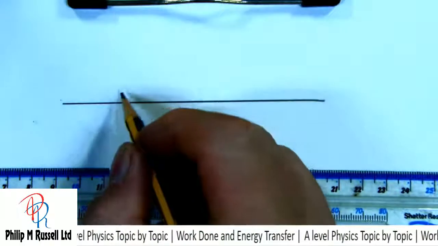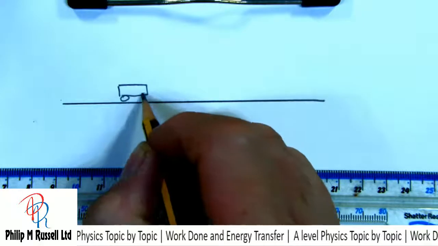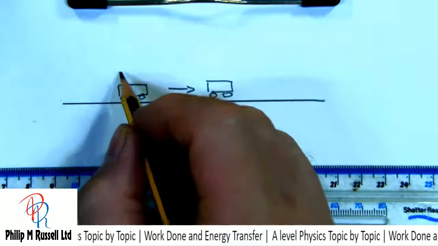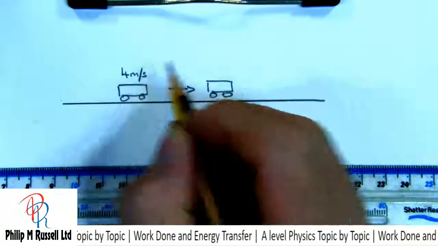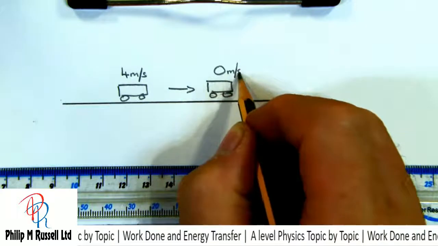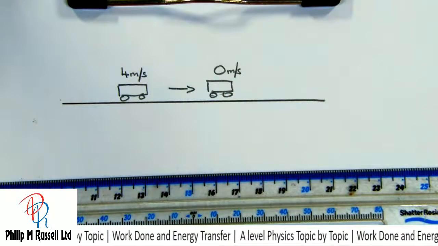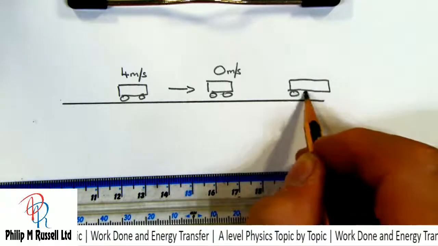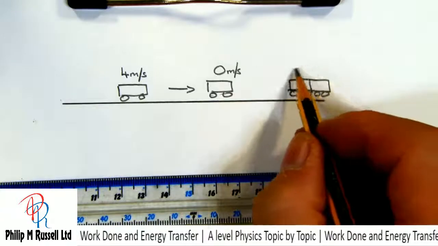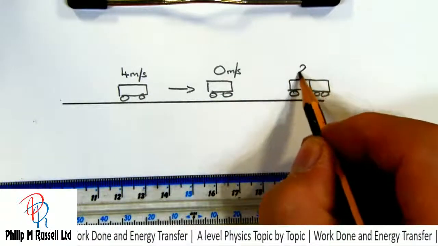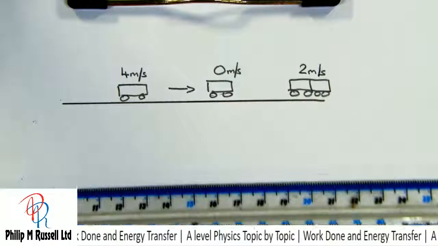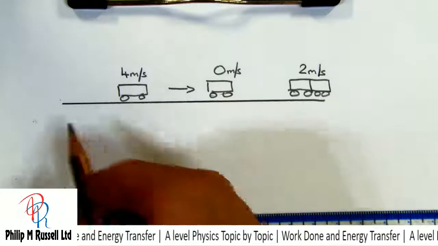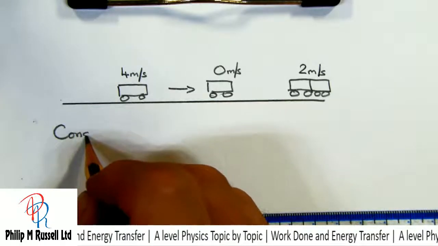So if I have my two trolleys and I have one moving at 4 meters per second and the other one stationary at 0 meters per second, when they collide, they're going to both move off, assuming the same mass here, at 2 meters per second. We have conservation of momentum, we have conservation of energy.